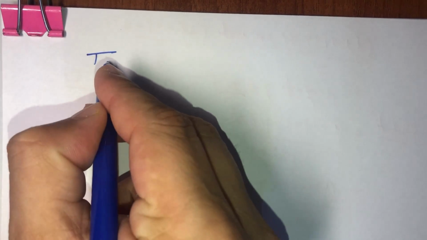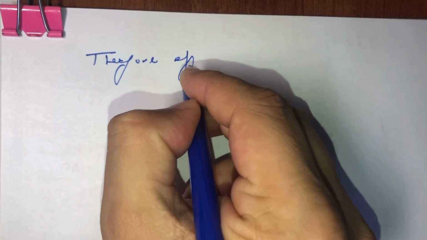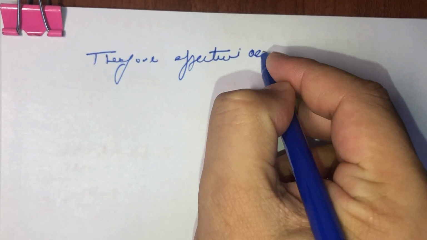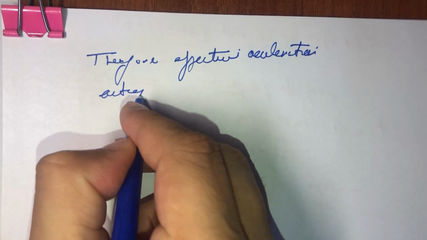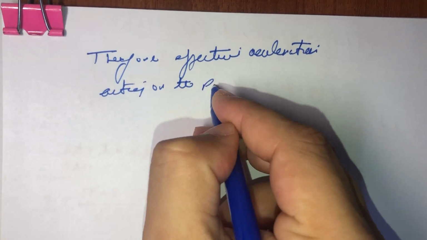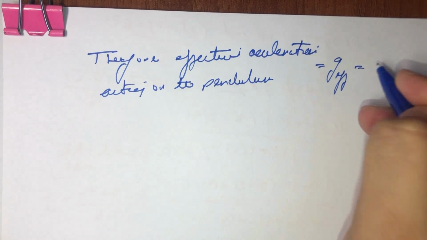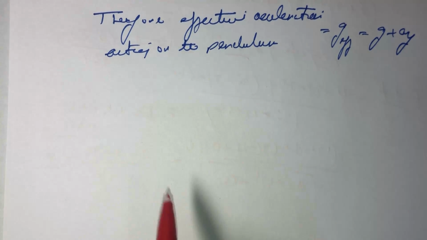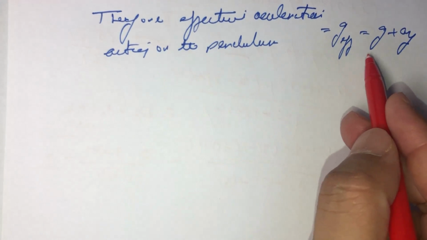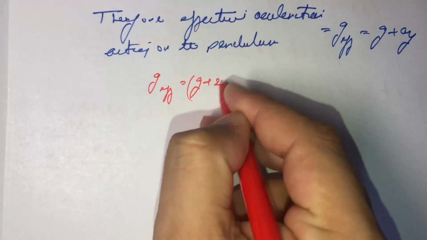Therefore the effective acceleration acting on the pendulum, which is g effective, will be equal to g plus ay, which means g plus 2.